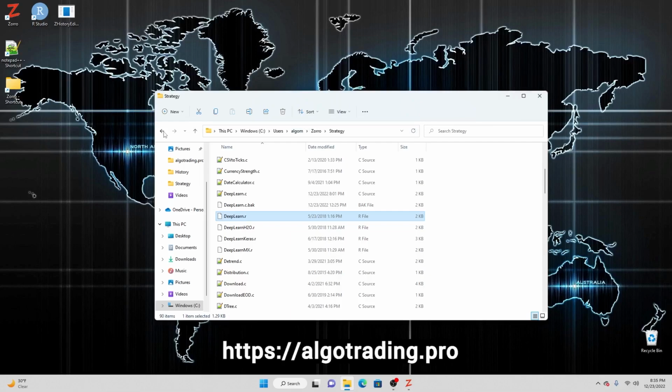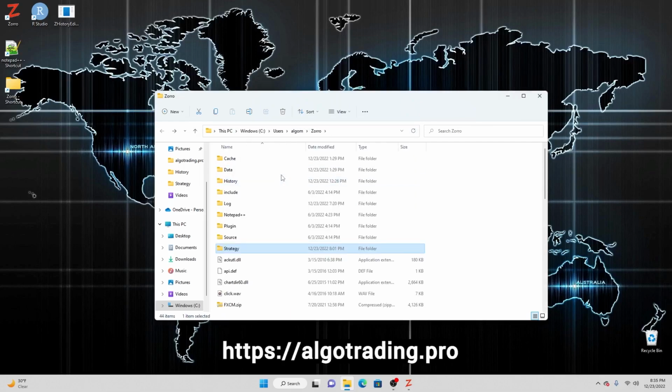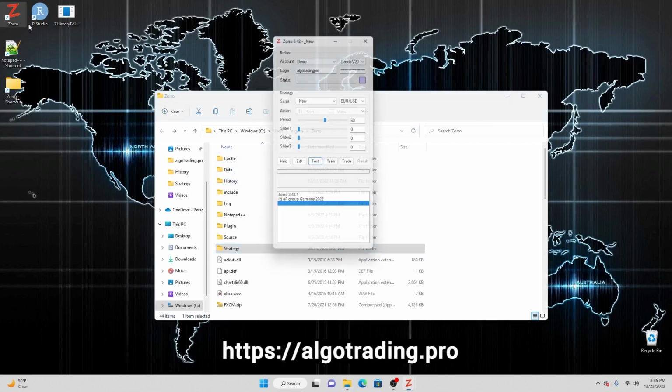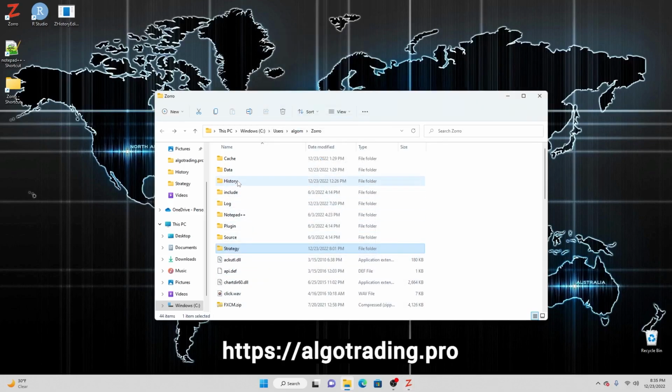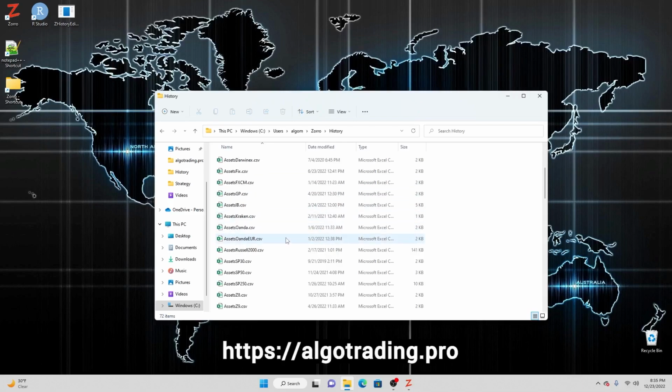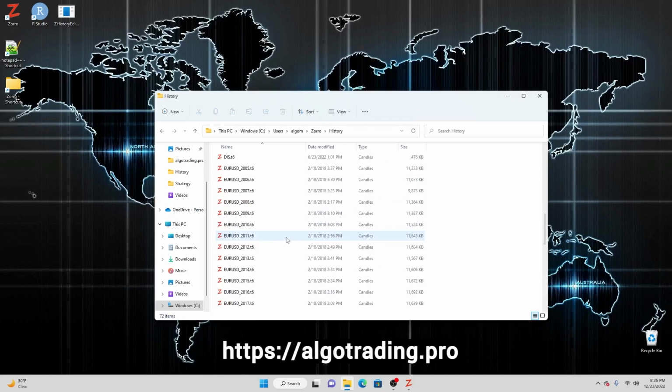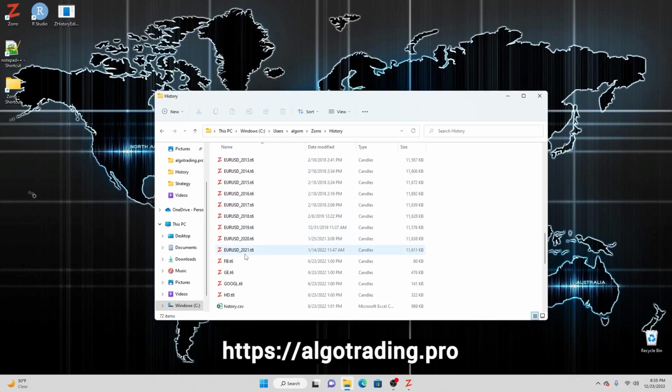The next thing we need to make sure is that we have the data that is needed here. So it's the Euro USD foreign exchange pair historical data, right? So let's make sure that in the history folder, we have all these files here, Euro USD 2005 up to 2021 in T6 format.